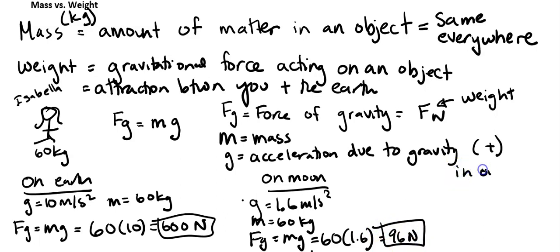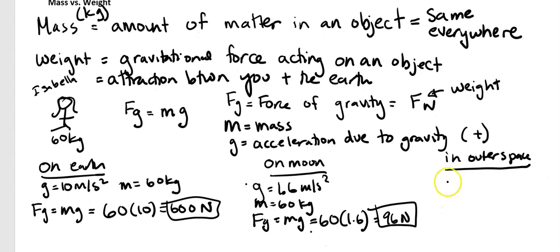Now let's say she goes into outer space. And let's say she goes to outer space where there's no massive planets or no massive objects nearby. If that's the case, then the acceleration due to gravity is 0 meters per second squared. Her mass is still 60 kilograms. No matter where she goes, good old mass, 60 kilograms.